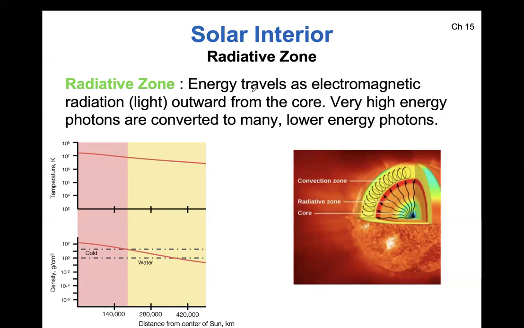The energy within the radiative zone travels as electromagnetic radiation outward from the core. Very high energy photons are converted to many low energy photons. So the mechanism of heat flow in the radiative zone is radiation.